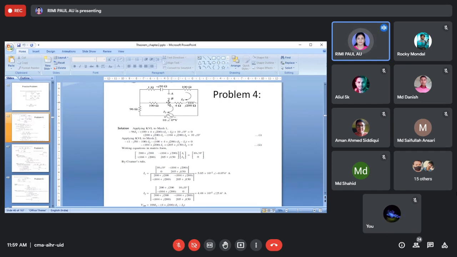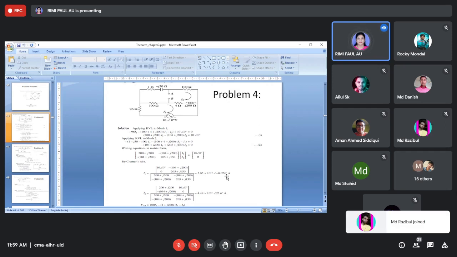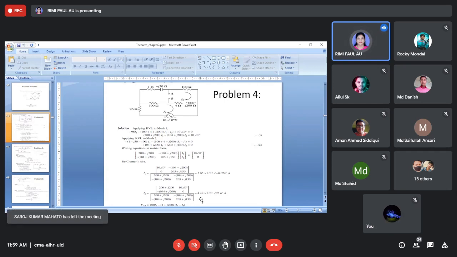Or you can use the nodal analysis method and find out what will be VA and VB. So here we can see that I1 is equal to 5.05 times 10 to the power minus 2 angle minus 0.074 degree ampere, and I2 is equal to 4.48 times 10 to the power minus 2 angle 25.6 degree ampere.